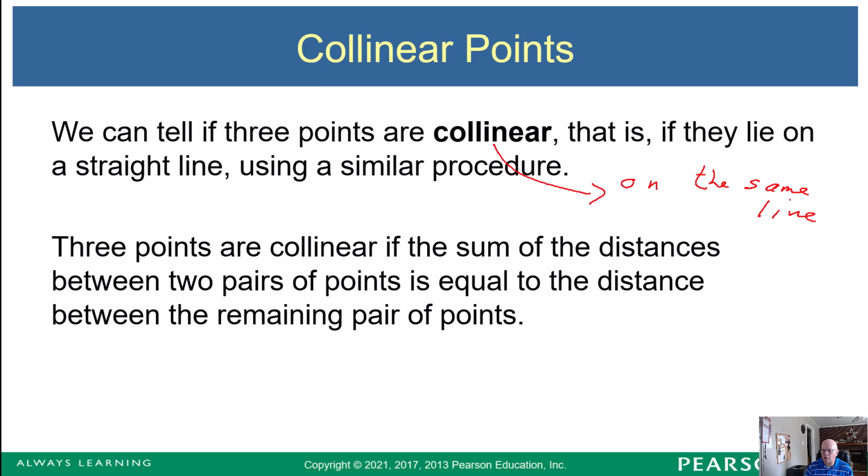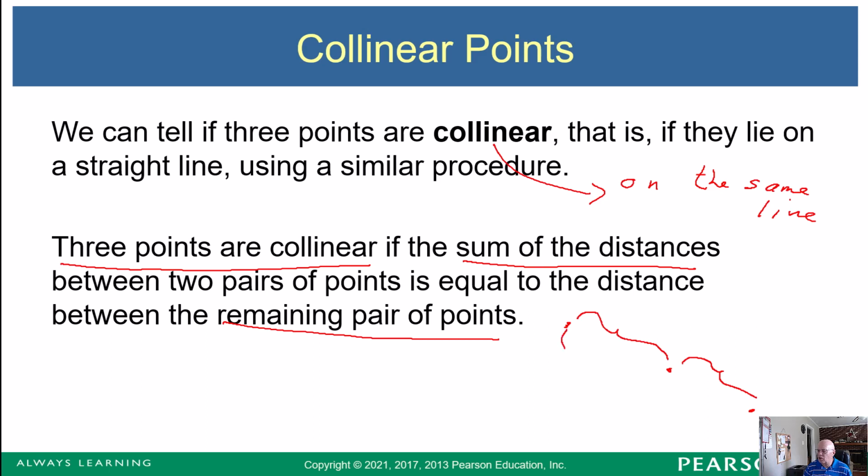Well, the three points are collinear if you add two of the distances and they're equal to the distance between the third. Sort of like this. If you had a point here, a point here, and a point here, these points would be on a straight line if you can add that distance to this distance and you get that distance.